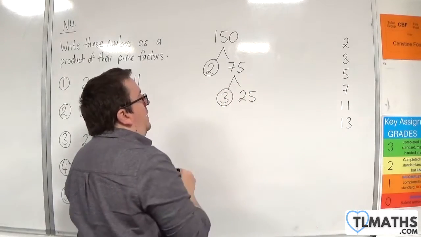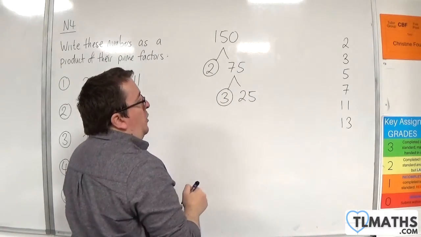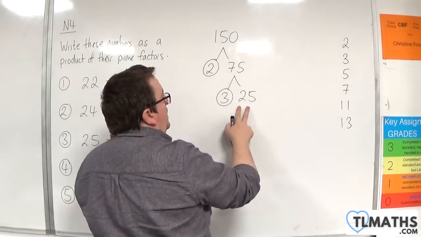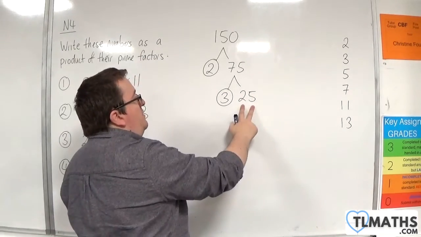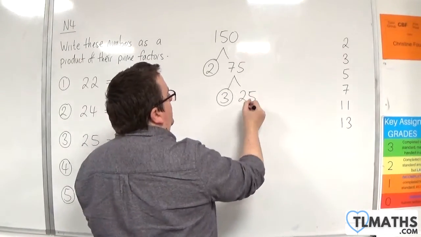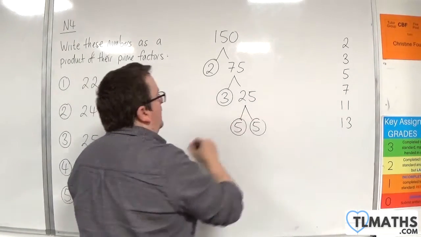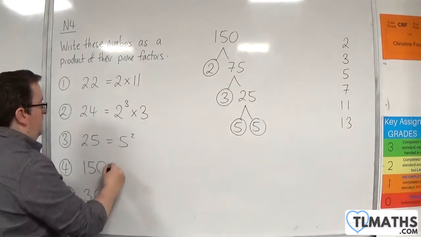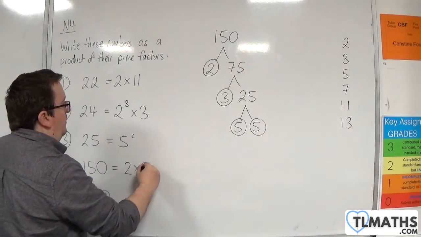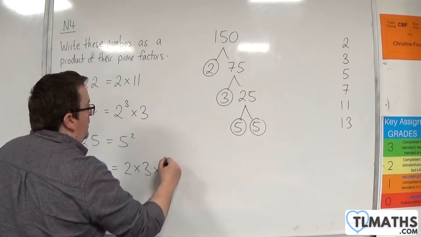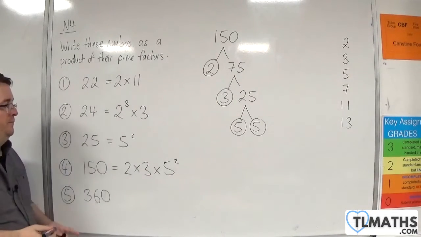So 3 is prime, but 25 is not. Does 2 go into 25? No. Does 3 go into 25? No. Does 5 go into 25? Yes, so it goes in 5 times. So 150 is 2 times 3 times 5 times 5, so 5 squared.